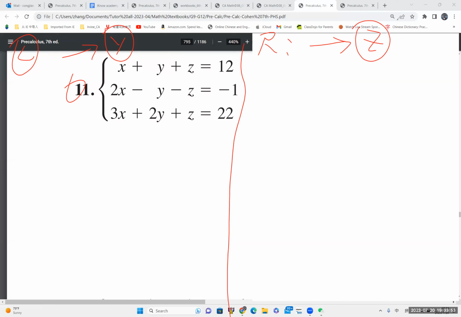Please don't just think, write down something. I'm writing on paper because it's easier to write than on the computer. Oh, okay.